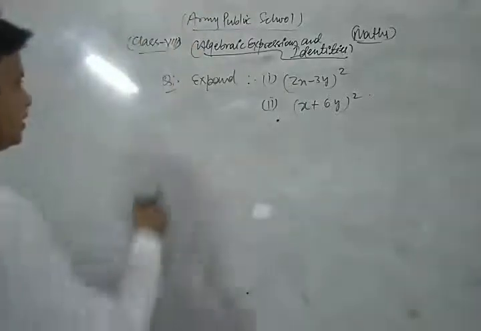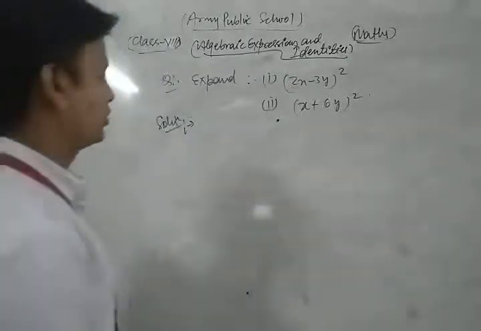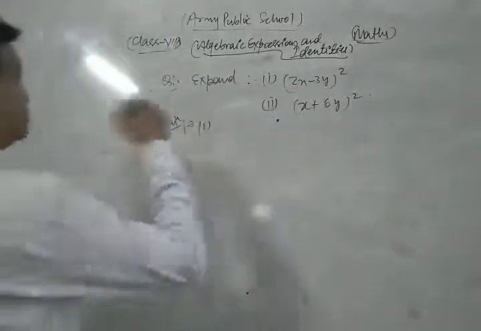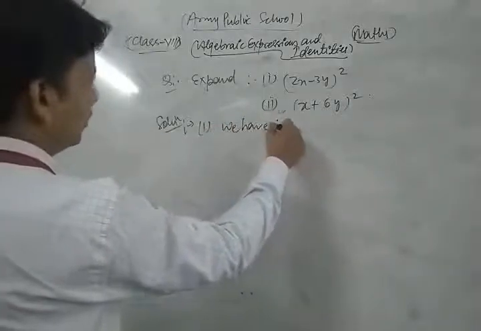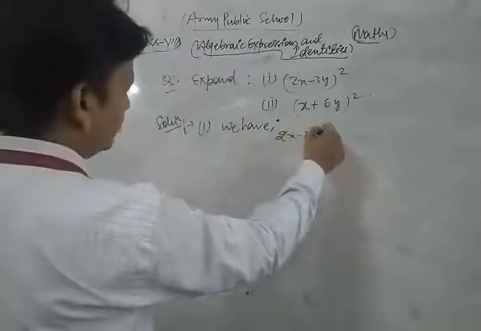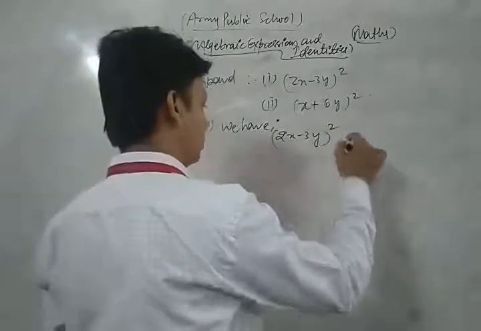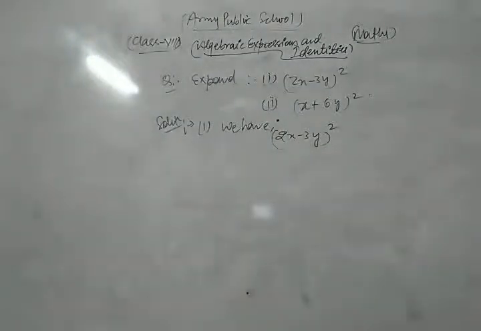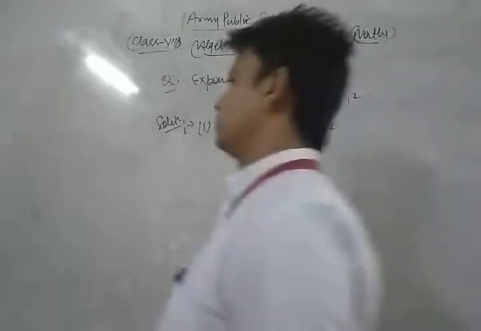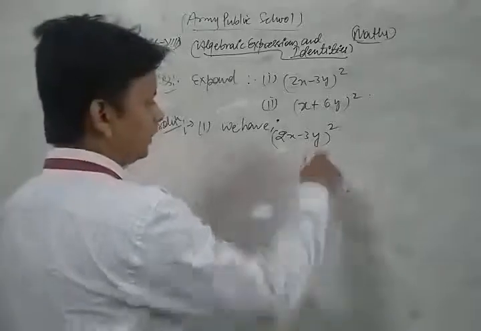What is the process to solve that type of question? First of all, we take and solve the first part of this question. So here we have (2x minus 3y) whole square. We expand it by using the identity.